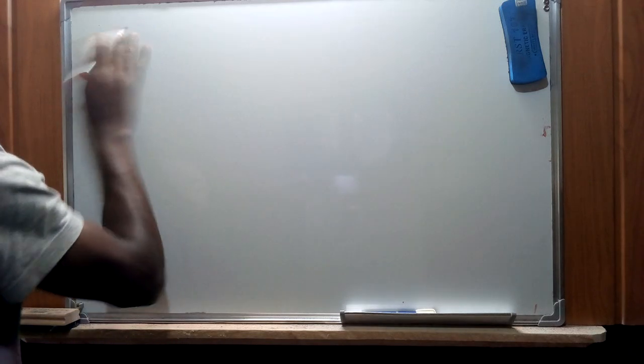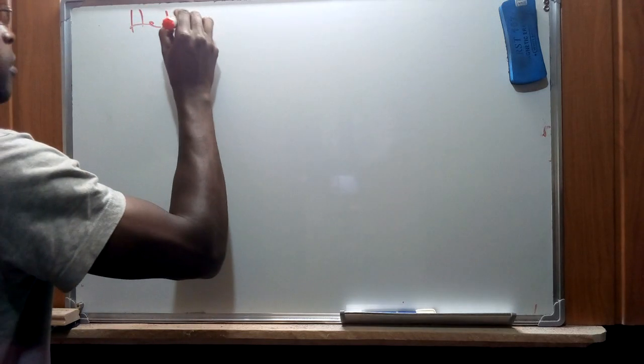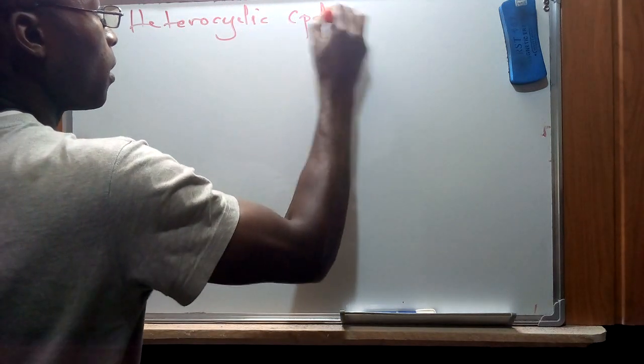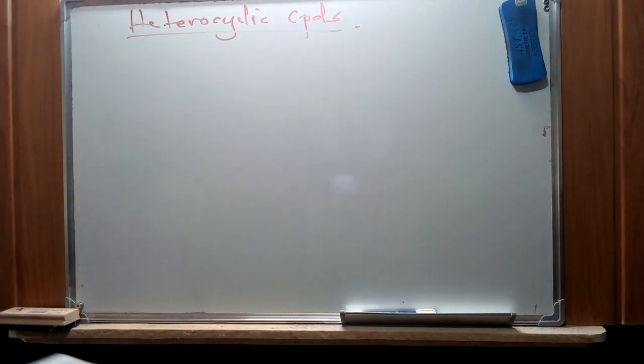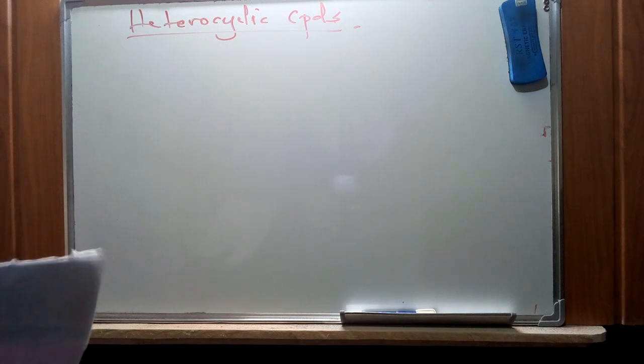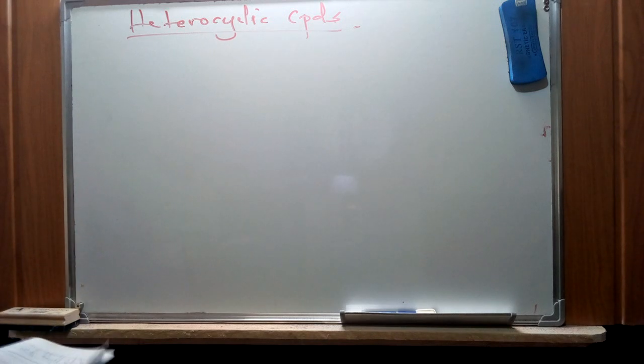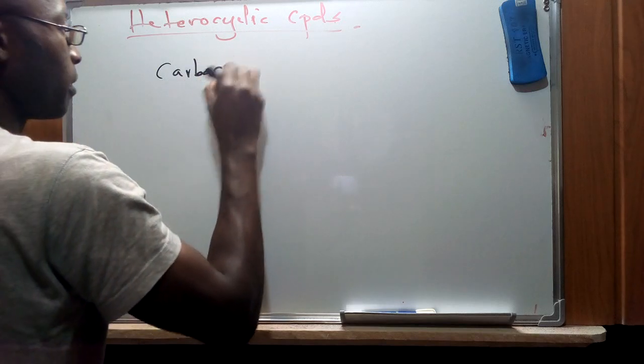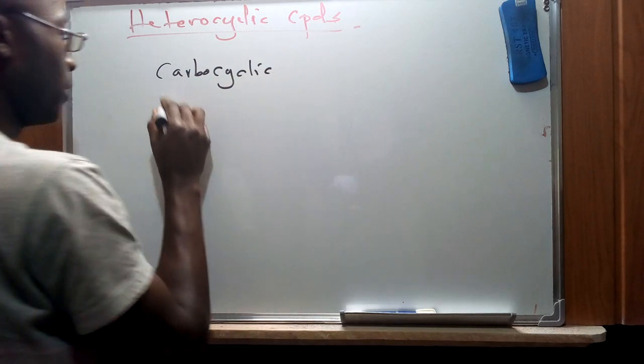Now we have specific names that we're going to use. So generally when we have compounds, we can classify them as either carbocyclic or heterocyclic.